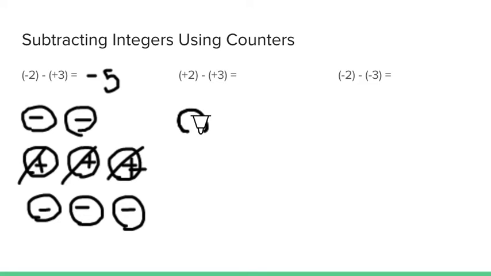I'm going to draw the first number in counters, which is positive 2. Okay, so there's my 2 positives. Now they want me to take away 3 positives. I don't have 3 positives. Whenever you don't have that amount to subtract, once again, you can draw it in.